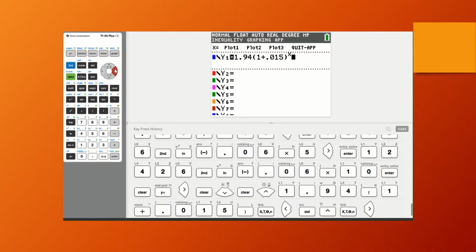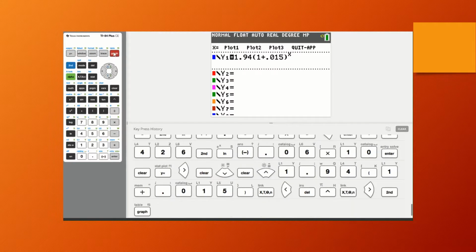And I'm trying to find how many years out it will take before this population reaches 2.7 million, or approximately that. I could hit the graph button and look at the graph, but I think I'm going to just go straight to the table. So I'm looking for what number x is when y equals 2.7.